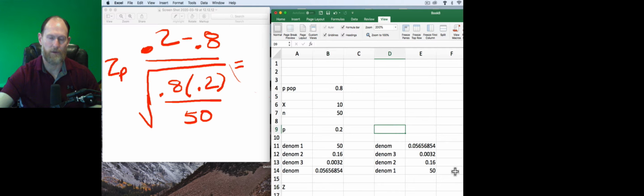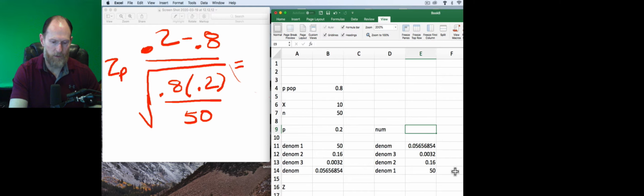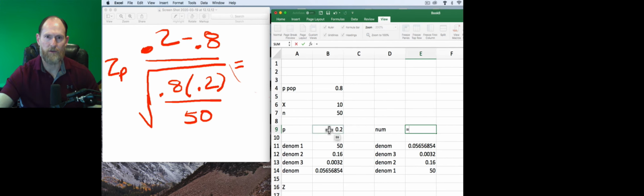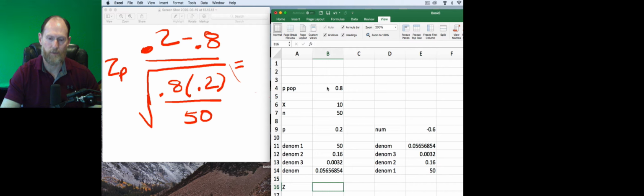I'm just going to park the numerator right here for now, divided by the denominator. And the numerator, as we know, is that 0.2, p minus the p-pop. So I'm going to take my numerator divided by my denominator. And that should give me a negative number, which it does.